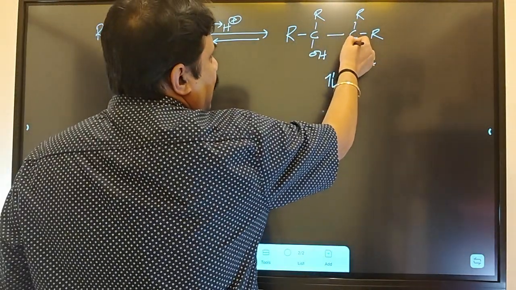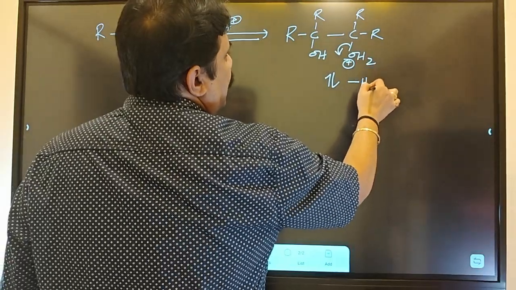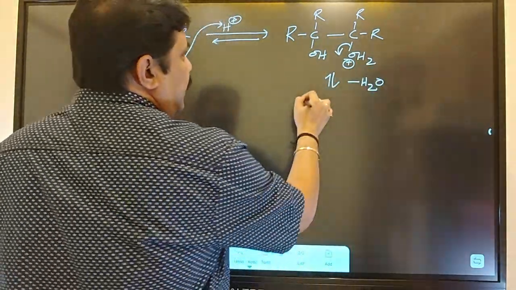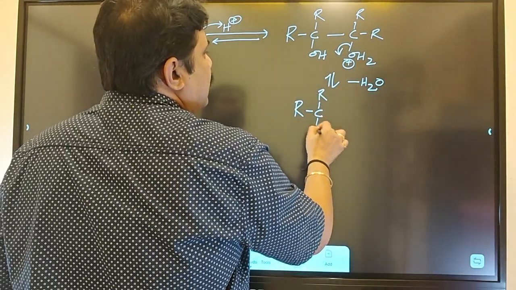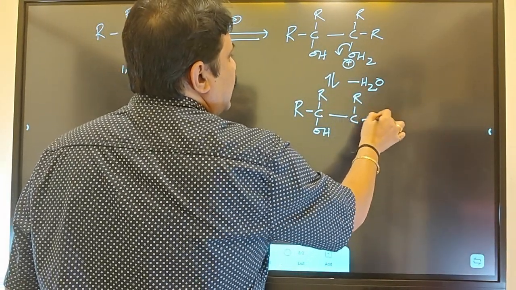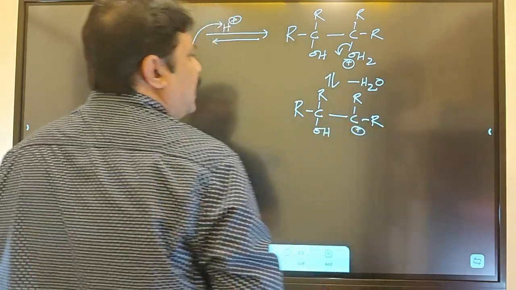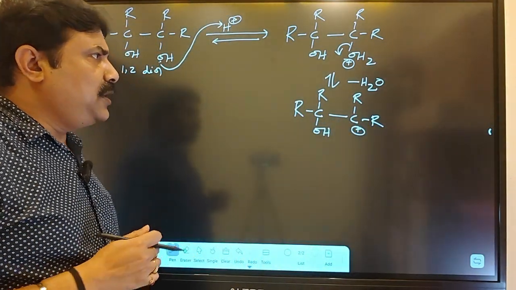It will depart as H2O, and then immediately a carbocation forms. You look at the carbocation that forms, my dear. This carbocation is a reaction intermediate. Then after that, what do we have to see?